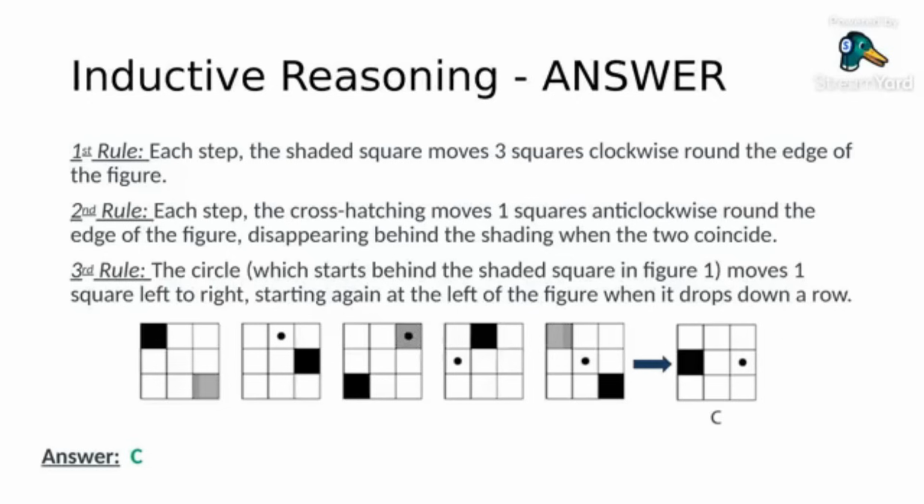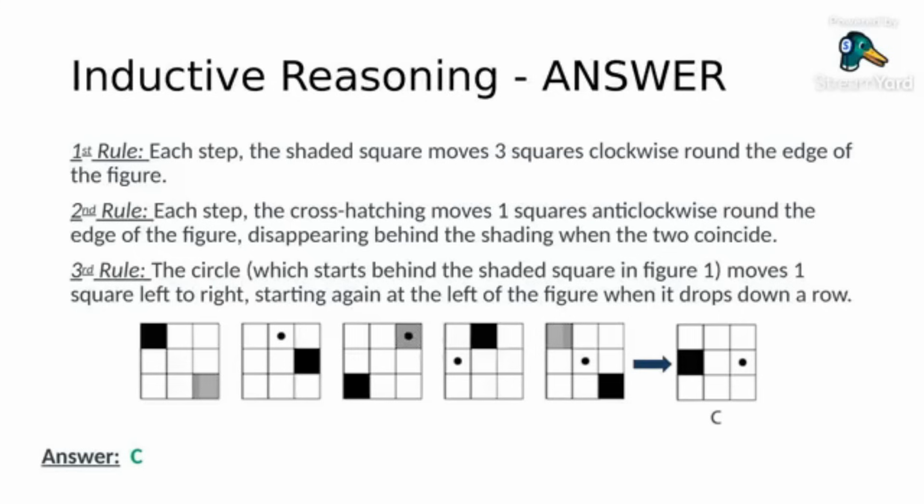And so on and so forth. Pansinin niyo po na yung susunod naman ay ganun din. And then, sa second rule, what you will see is that yung cross hatching, it moves one square paatras or counter ng ikot or movement ng relo.